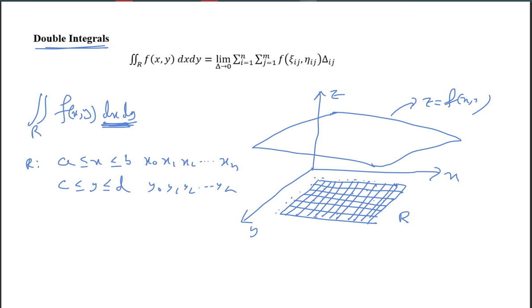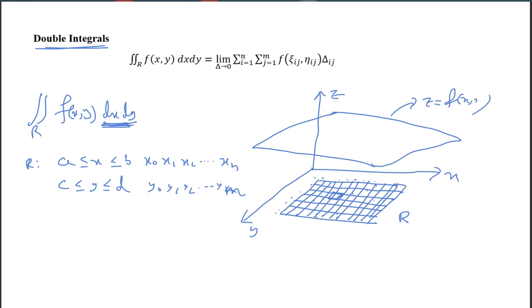Okay. So now if you take arbitrarily any surface portion, like suppose this one, I'm taking x0, x1 up to xn, and y0, y1 up to ym values.